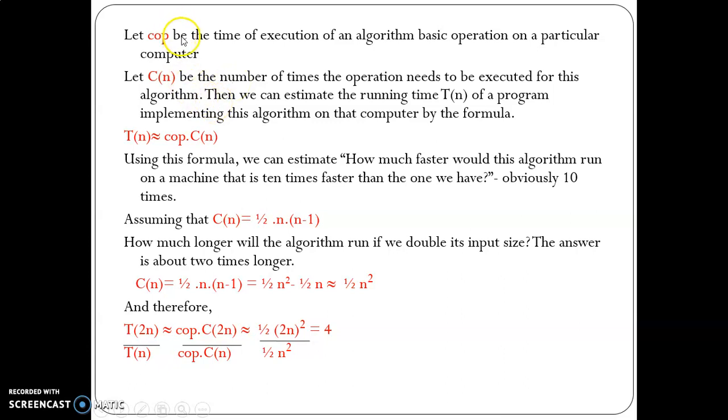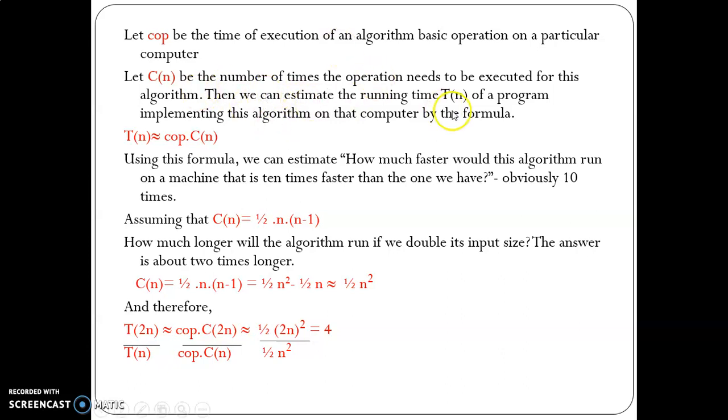So C_op is the time taken for execution of the operation, which is dependent on the machine, and C(n) is the total number of steps or operations that need to be executed for fulfilling the basic operation.